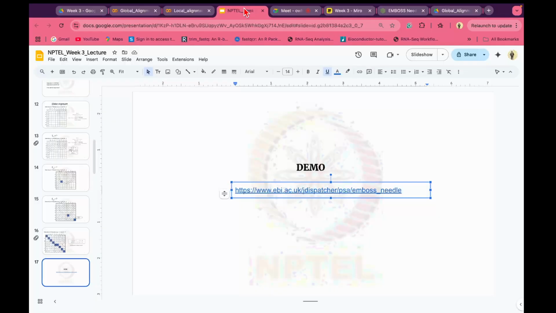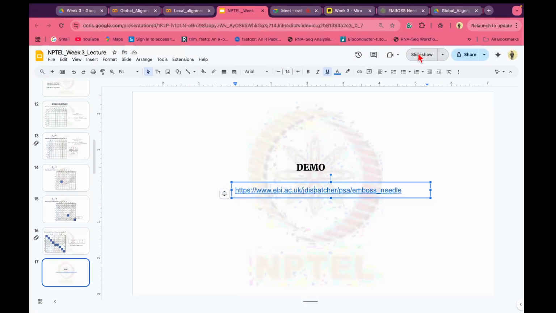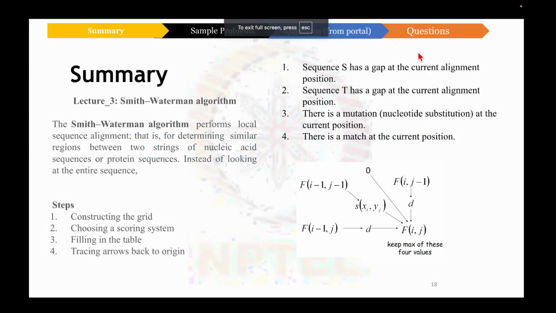Then I have local alignment, which is mostly a similar concept. The Smith-Waterman algorithm performs local sequence alignment and is used for determining similar regions between two strings of nucleic acid sequences or proteins.